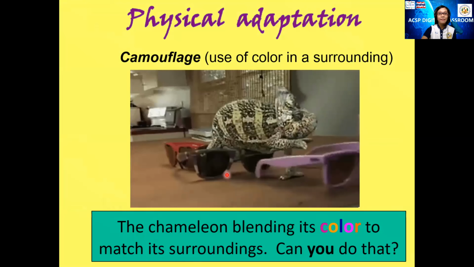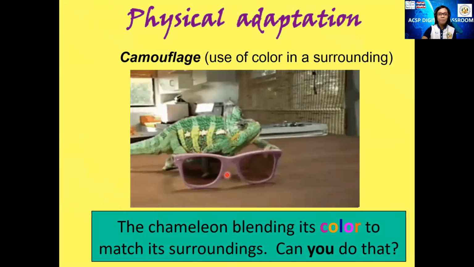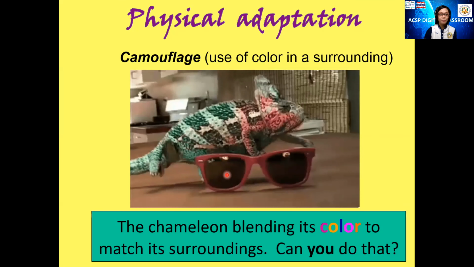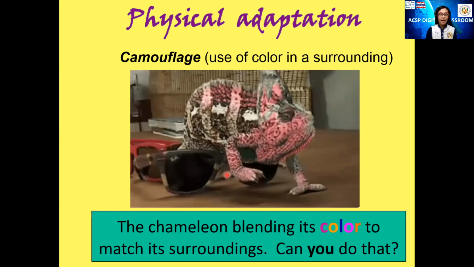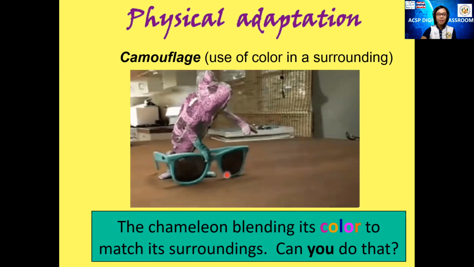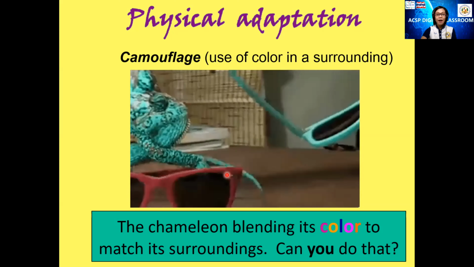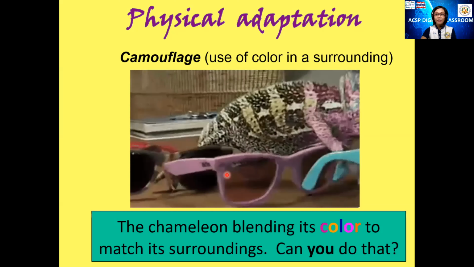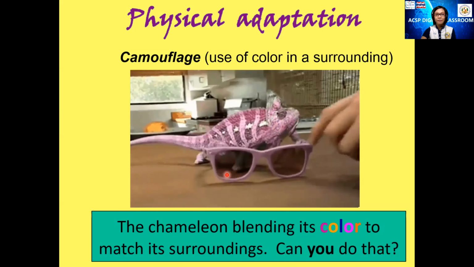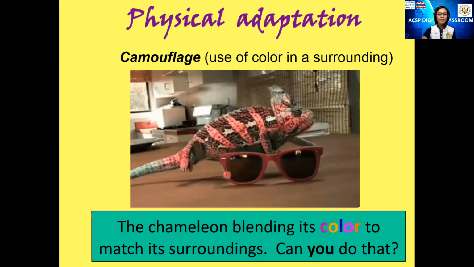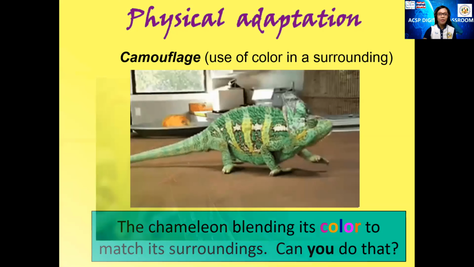This is an example of physical adaptation. Camouflage is a color or shape in an animal's body covering that helps it blend into its surroundings. As you see, that is the adaptation of the chameleon.